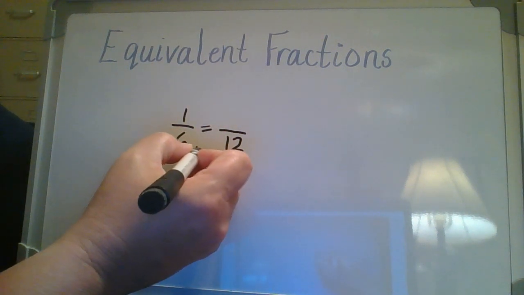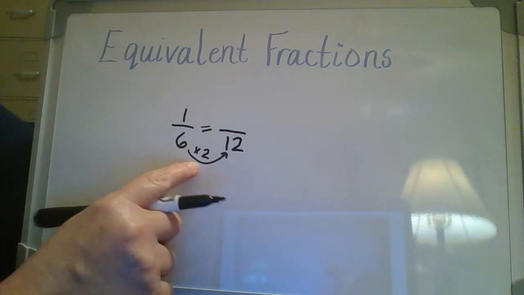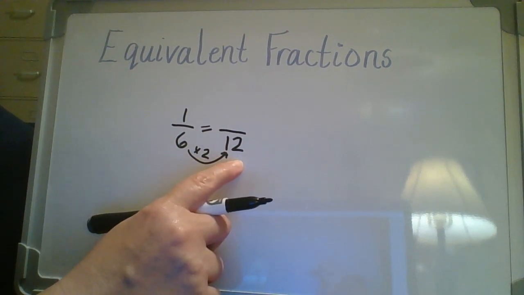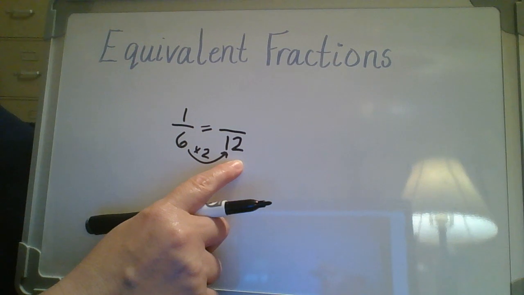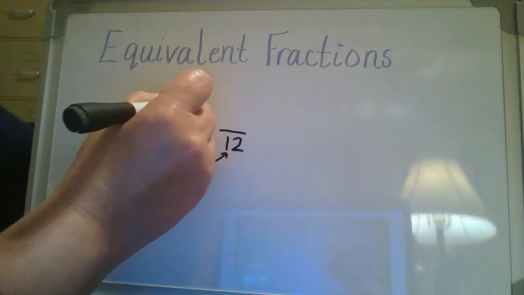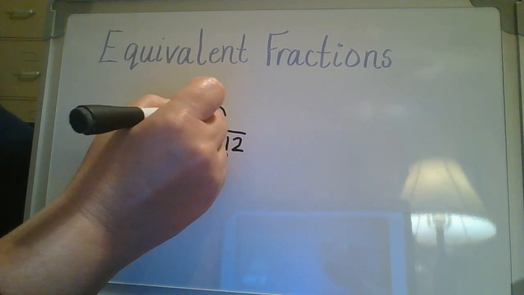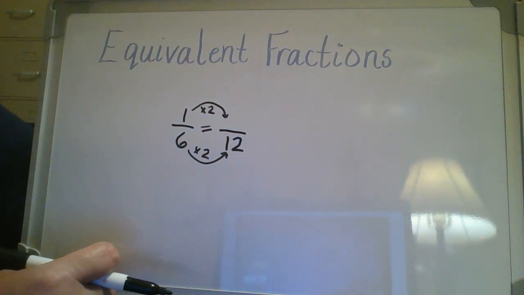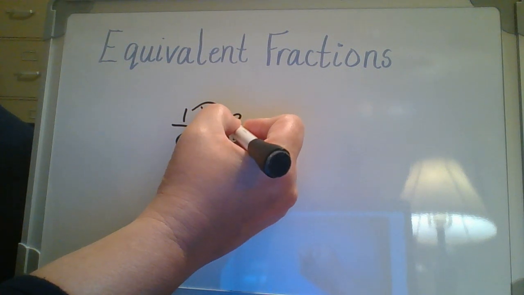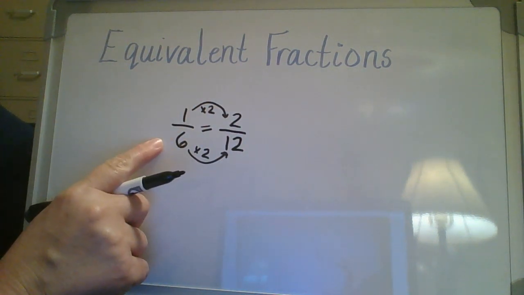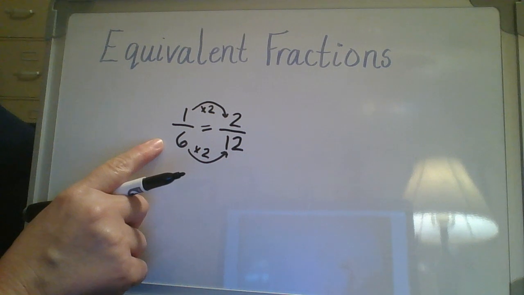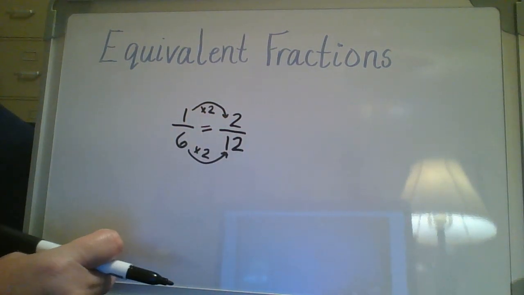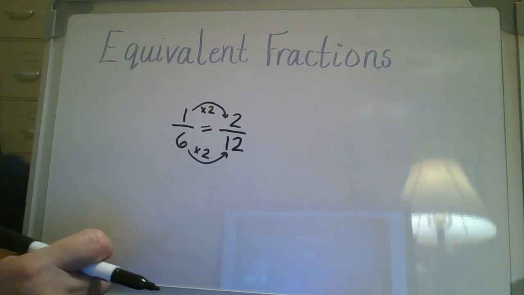Good, times 2. 6 times 2 equals 12. So what I do to the denominator, I must also do to the numerator. So 1 times 2 is equal to 2. So 1/6 would cover the same amount of area or space as 2/12. They are equivalent. All right.